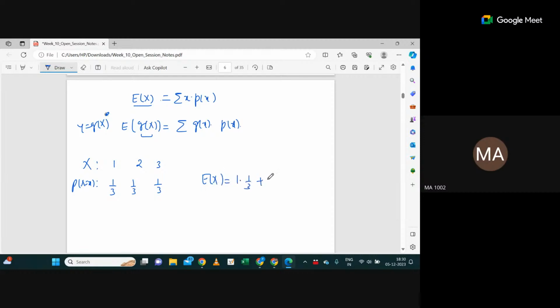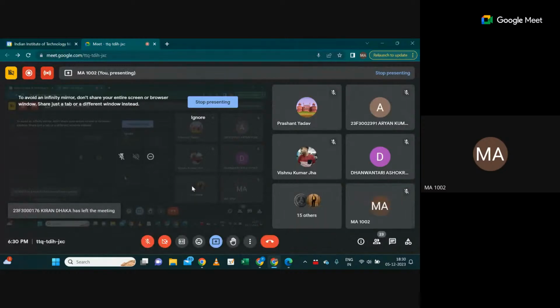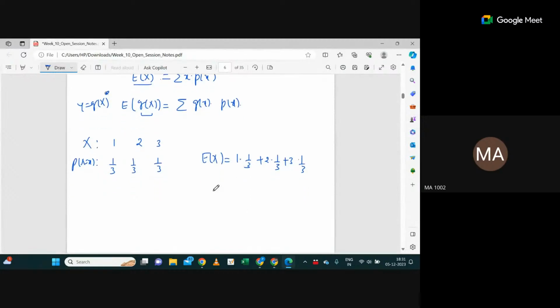It will be 1 into 1/3 plus 2 into 1/3 plus 3 into 1/3. So the expected value of x we can find from there.